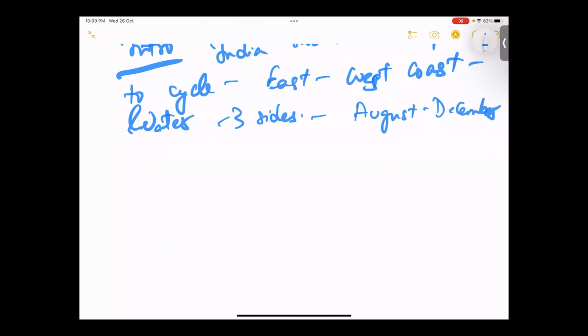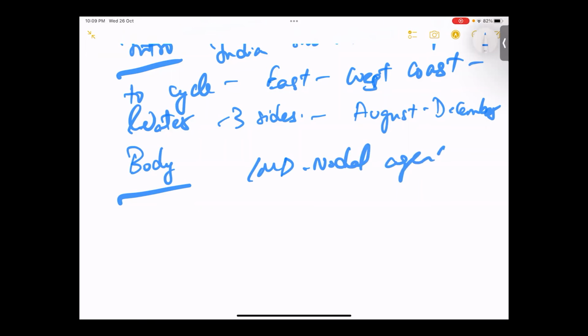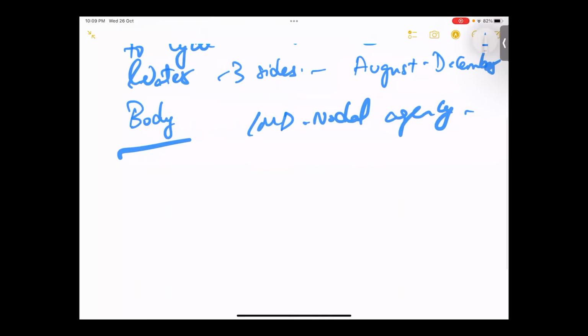You can say that. And in the body, you can say IMD is the nodal agency in knowing the cyclones, in tracking the cyclones.